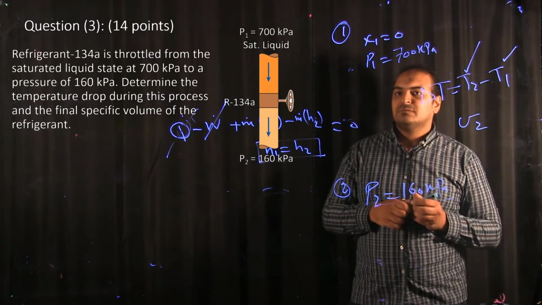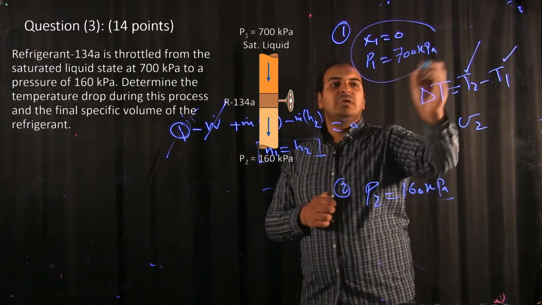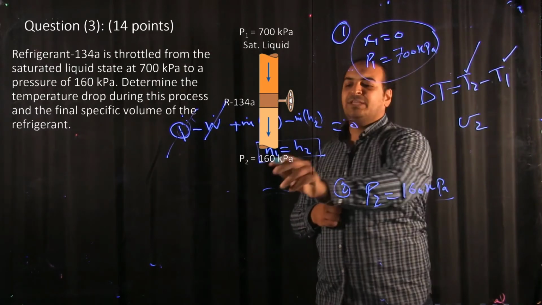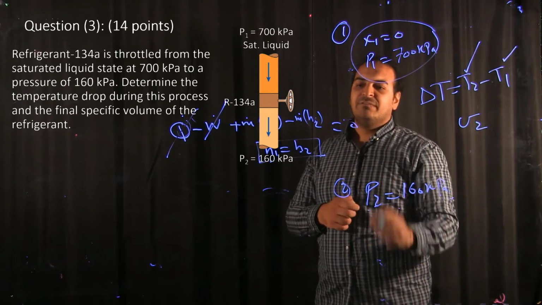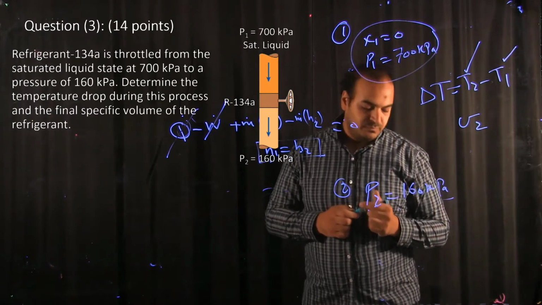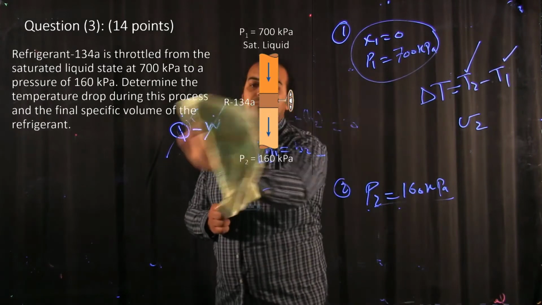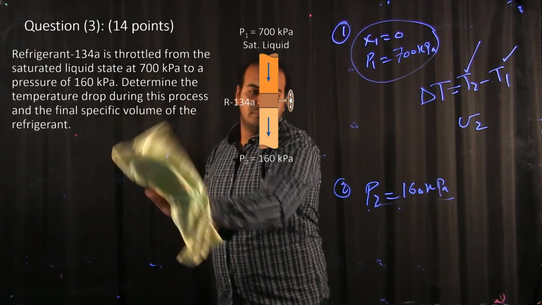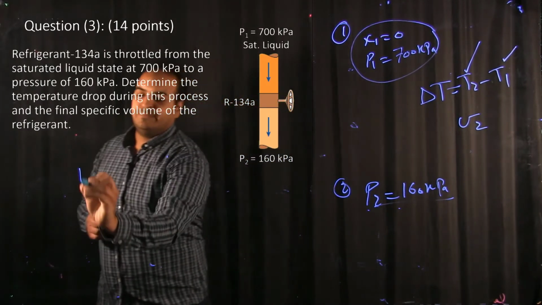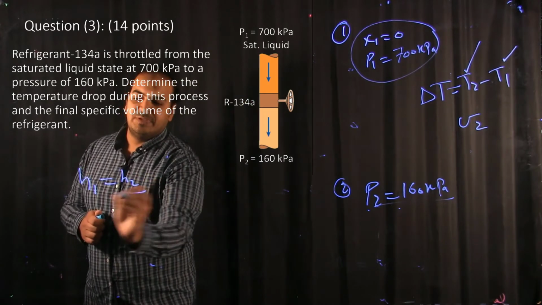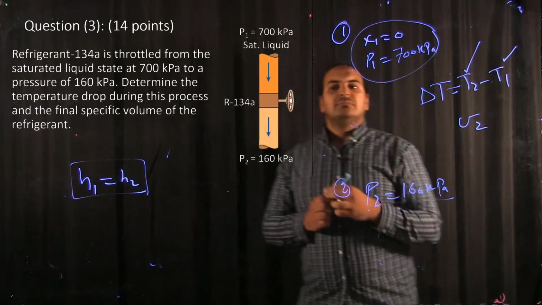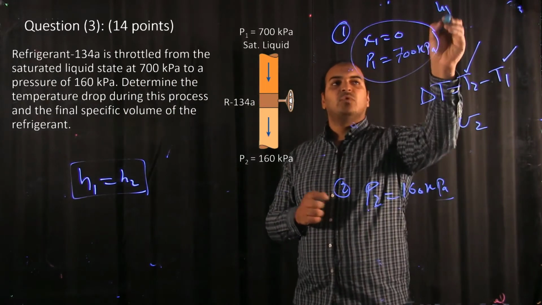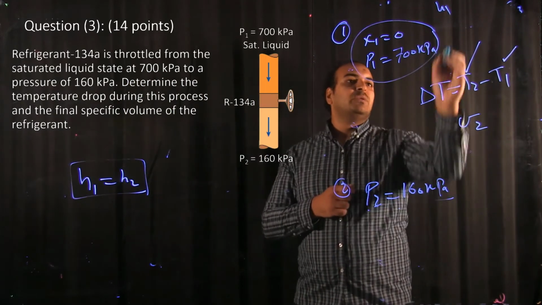So this is a reduced form of the first law of thermodynamics. You have everything in state 1. You can get everything, including H1. Give it to H2. Once you have H2 and P2, you have everything in state 2. So finally, H1 equals H2. This is what we concluded here. State 1, we need H1, and we need T1.